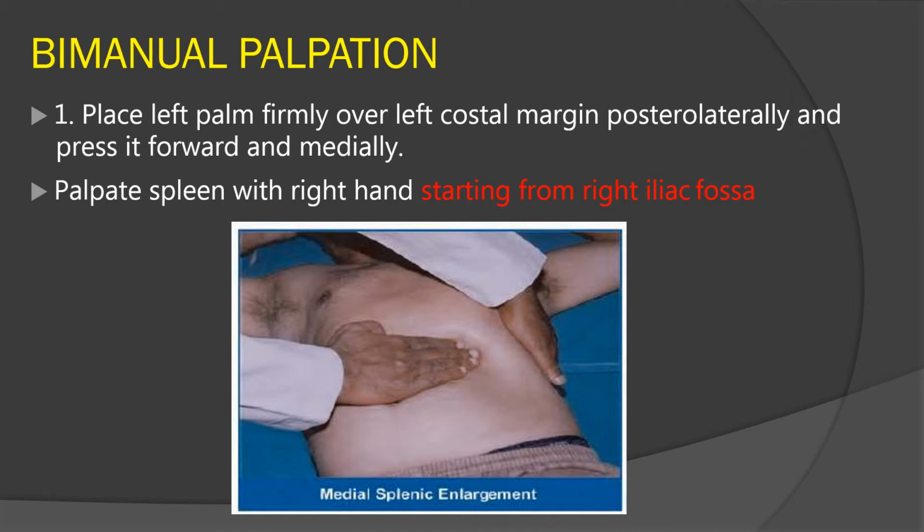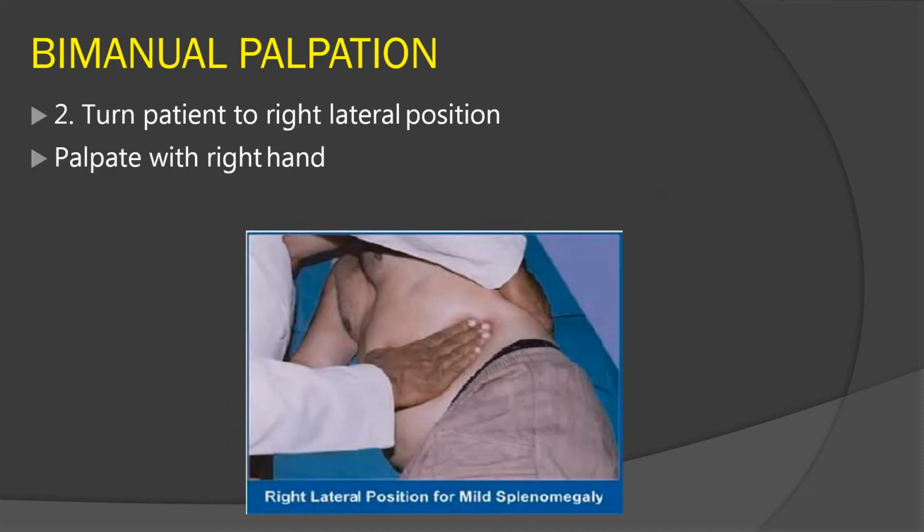He started from the right iliac fossa and reached the left upper quadrant. Coming to bimanual palpation in the right lateral position, turn the patient to right lateral position and palpate with right hand. Left hand is placed in the same way behind posterolaterally and it is pushed forward and medially.